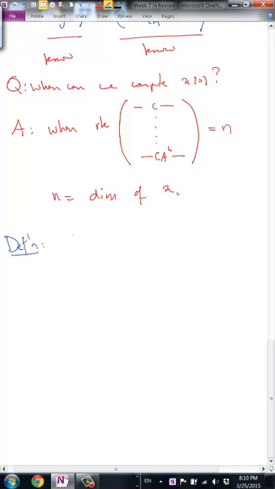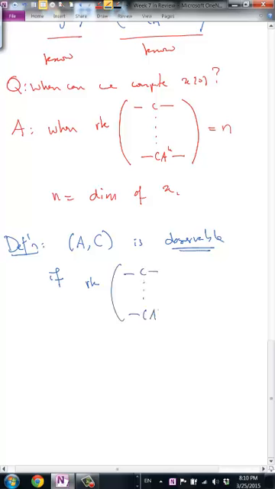A system, or sometimes we'll just say a pair A and C, is called observable if the rank of this matrix is equal to n. And note that this is now an n by n matrix.